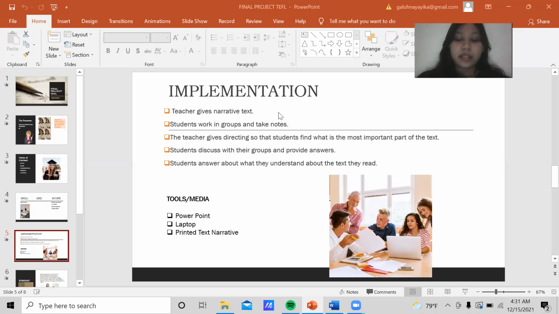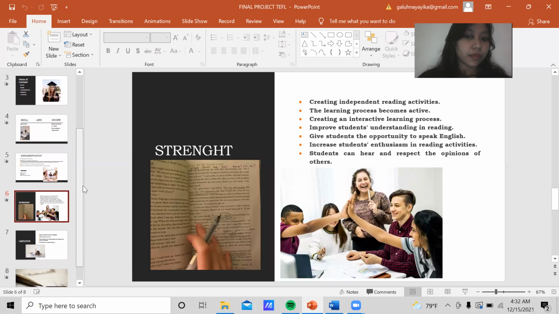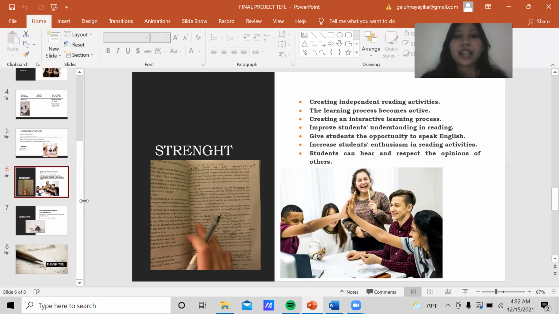So this activity also has strengths and limitations. We will talk about the strengths first. The strengths of this teaching strategy are, first, it can create independent reading activities in students, and the learning process becomes active.